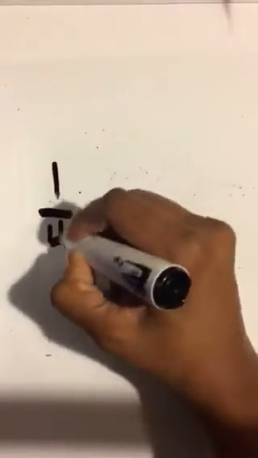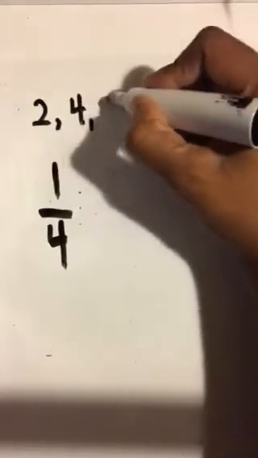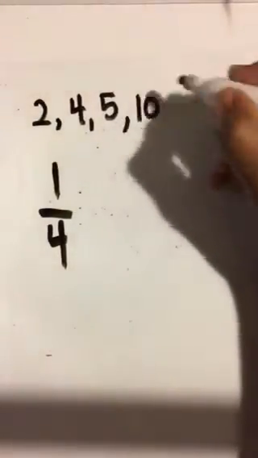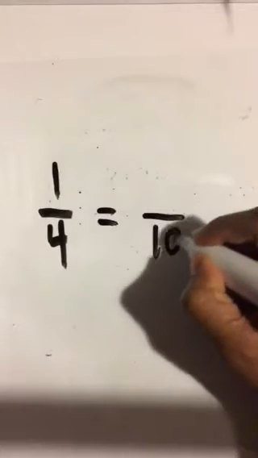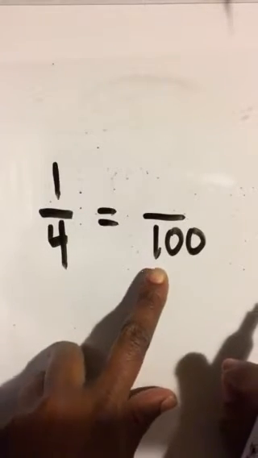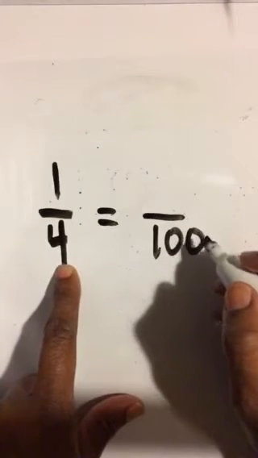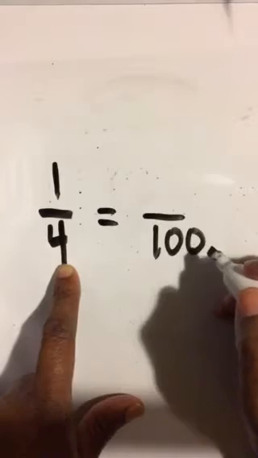Let's do 1/4. And this only works for halves, fourths, fifths, tenths, really the even numbers, which is what the fourth graders have to know. All right, so we're going to set it equal to 100. What do I do to 4 to get it to 100? Well, if I think money, I'm thinking of $1. And what do I need 4 of to get to $1? 4 quarters.